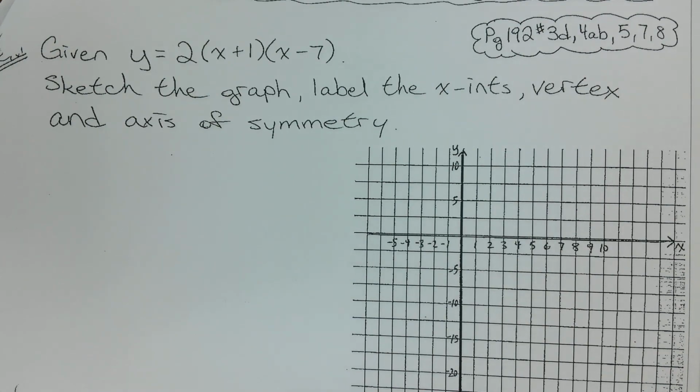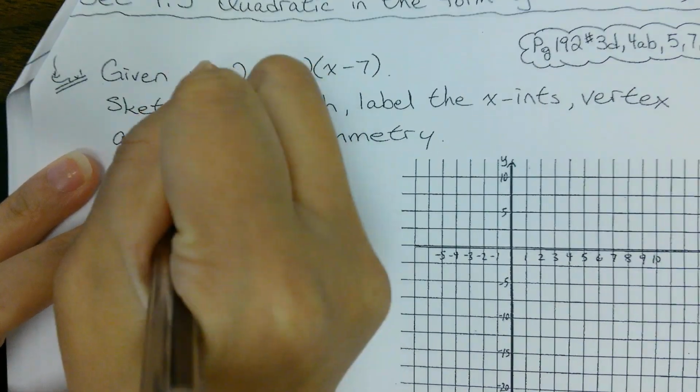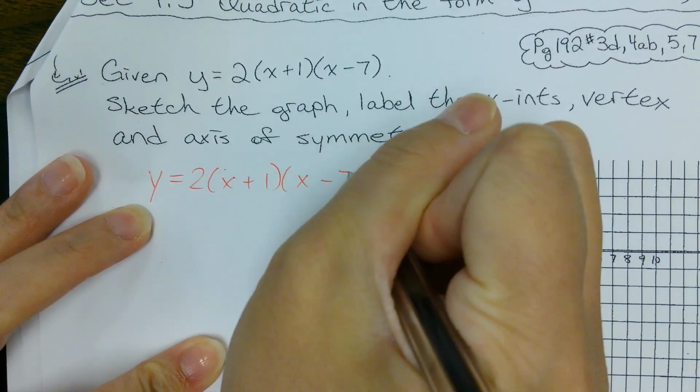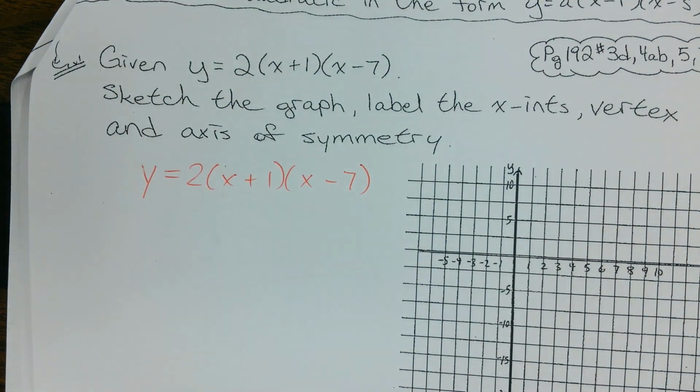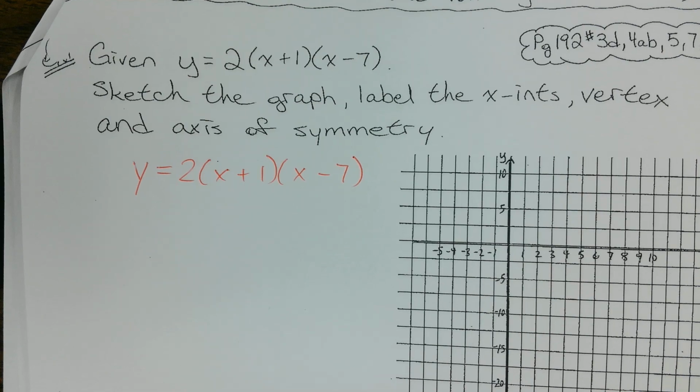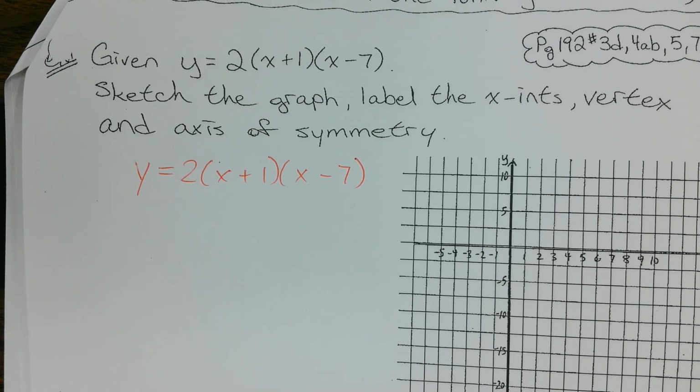So I have y equal to 2(x plus 1)(x minus 7). Since this is in factored form, this tells us our x-intercepts. For any x-intercept, what is the y value?